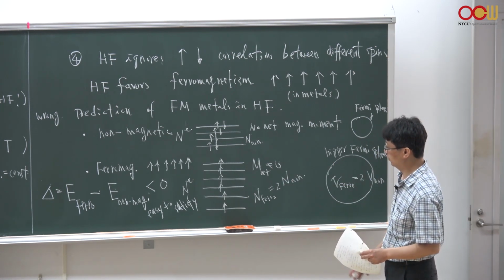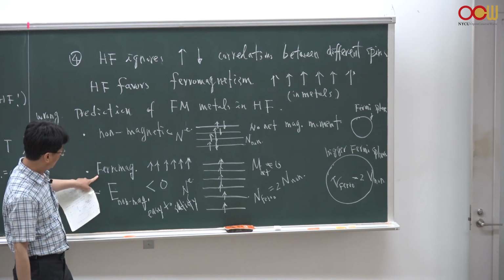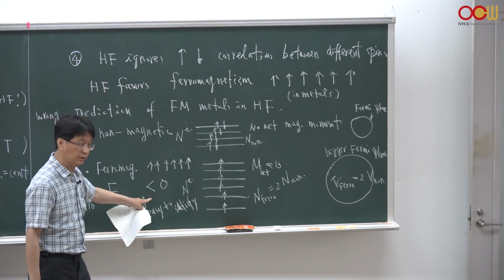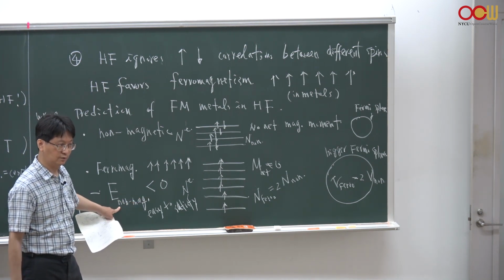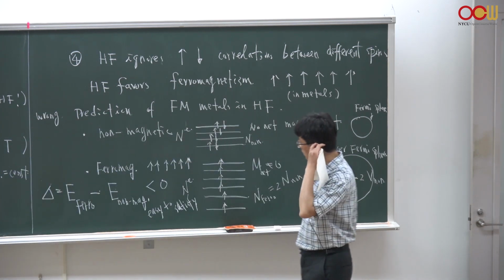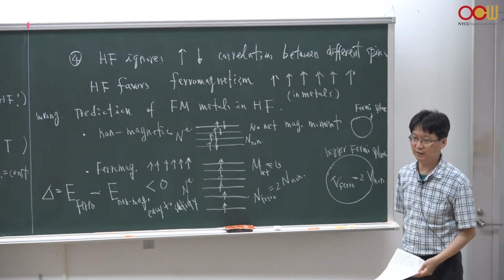So within the Hartree-Fock, suppose we calculate ferromagnetic metals, and the total energy is actually lower than the non-magnetic metals within the Hartree-Fock. And therefore, if these two states are competing with each other, then the low energy state wins, right?